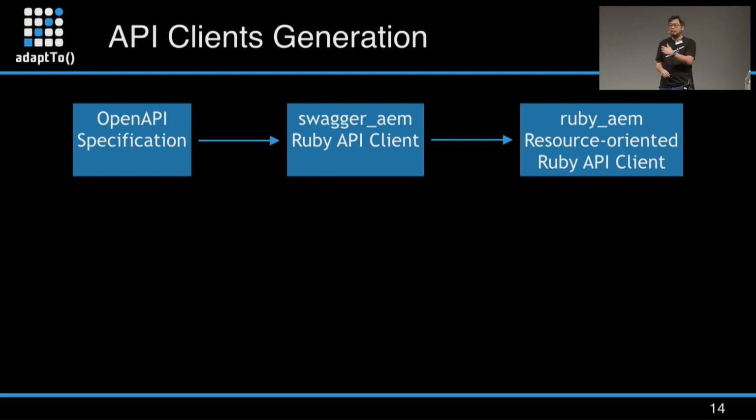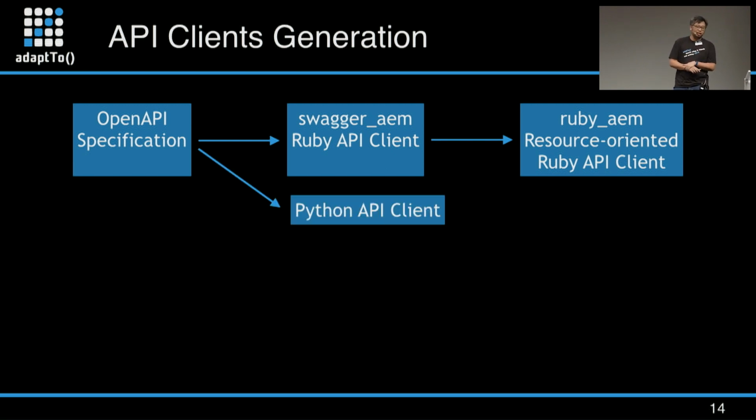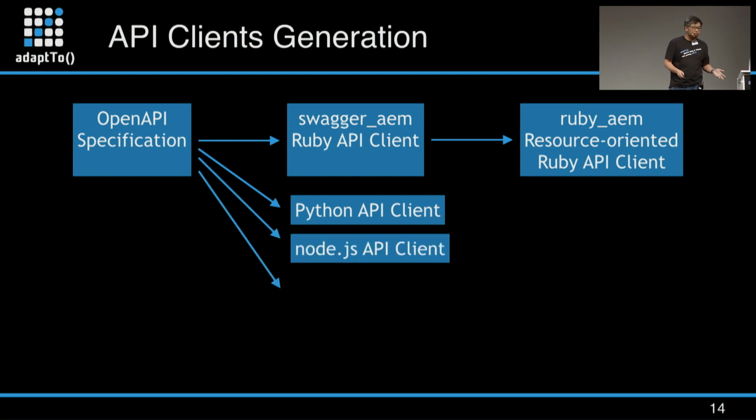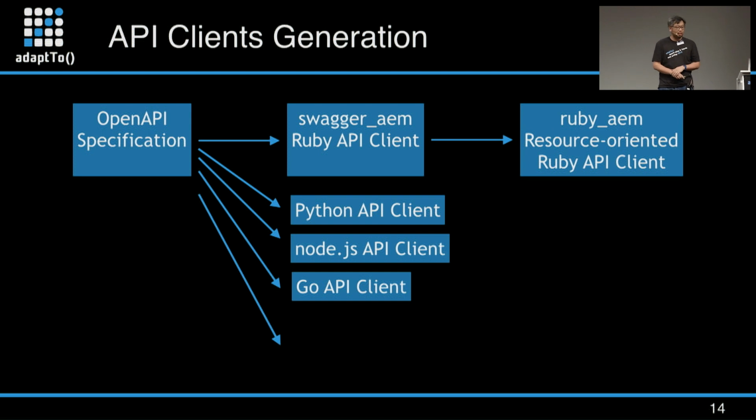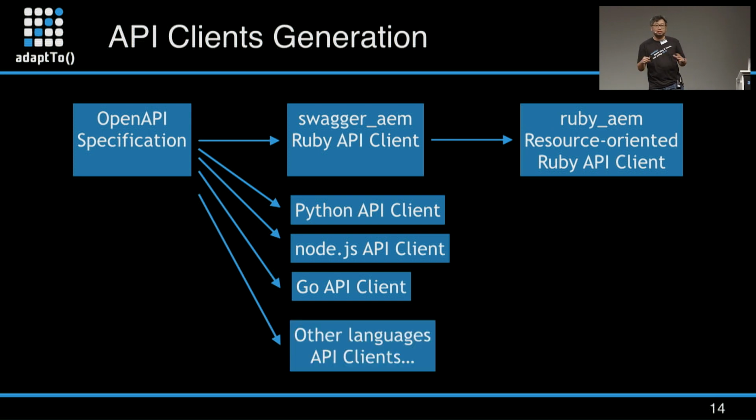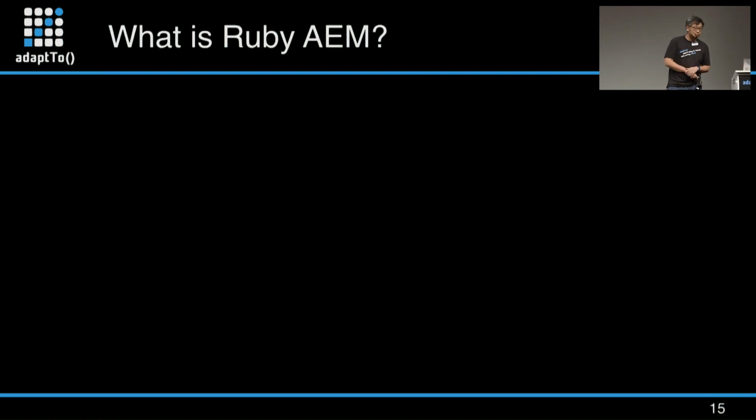So it's a similar API client, but instead of endpoint based, it is designed to be resource specific. And other than the Ruby API client, there is also the Python API client, Node.js, Golang, so many others. So they're all generated and available on GitHub. And some of them, the popular ones, are published to the various modules like npmjs.com, PyPI, rubygems.org.